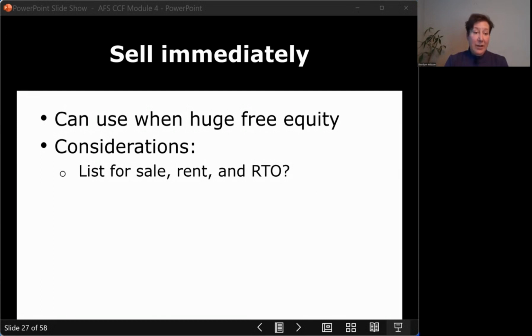Considerations here, yes, you could list it for all three: sale, rent, and rent to own. And that is what we did in that case with huge free equity. Because it wasn't a property that we wanted in our long-term portfolio, our preference was definitely to either sell or rent to own, but it still could have been a regular rental.